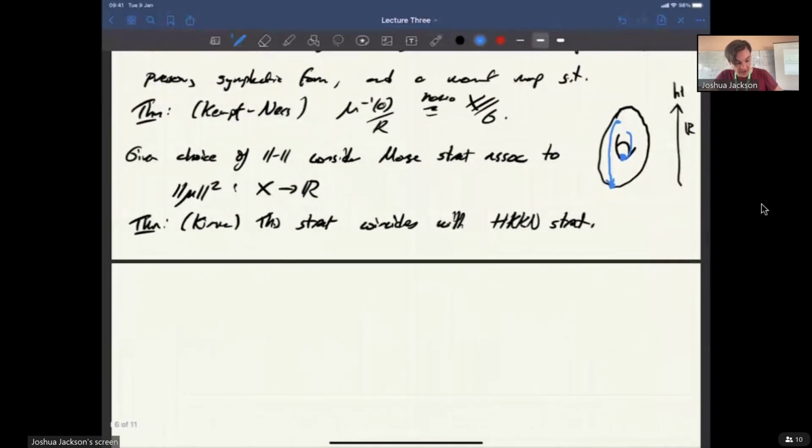Okay, and then one other thing that I need to mention in passing, which goes under the heading of beyond GIT. So this is for people who like stacks.